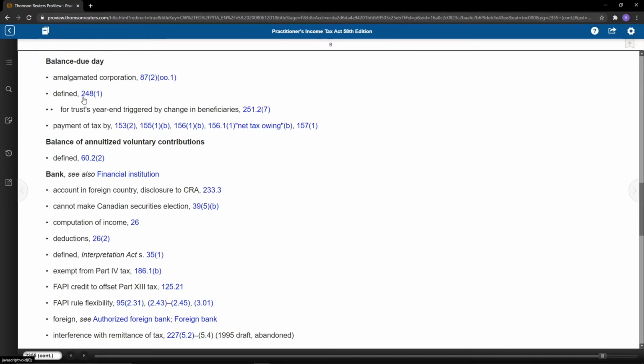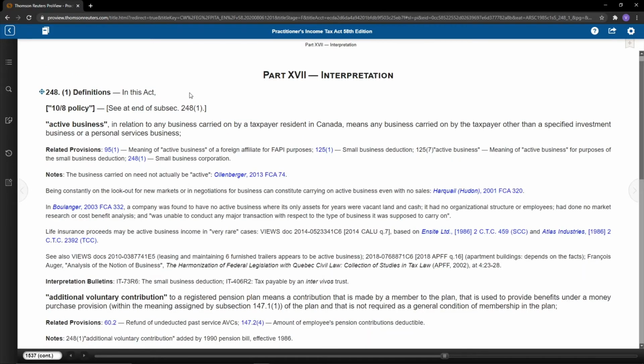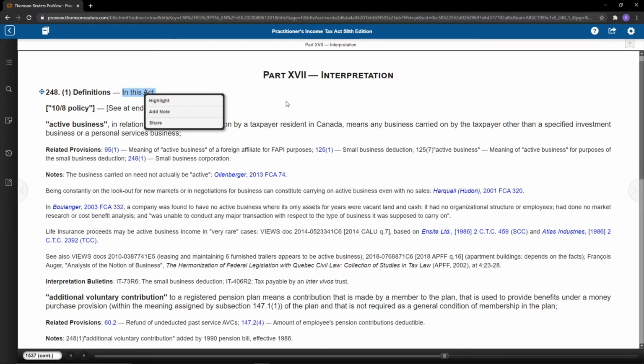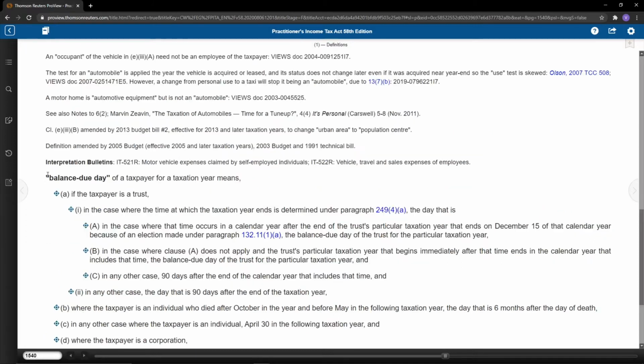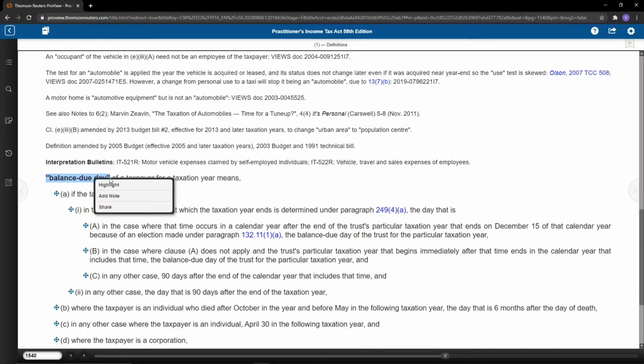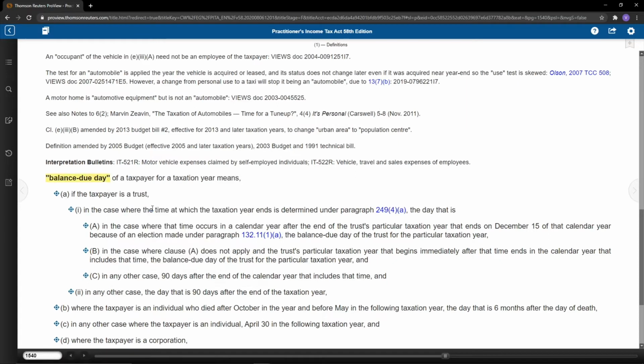So let's go to section 248, subsection 1. In my Income Tax Act, section 248, subsection 1 begins on page 1537, and these definitions are for the entire Income Tax Act. Find the term balance due day in section 248, subsection 1. In my Income Tax Act, the term balance due day is on page 1540.